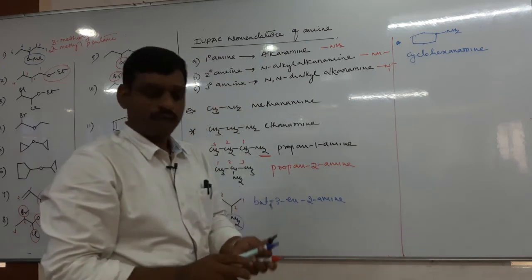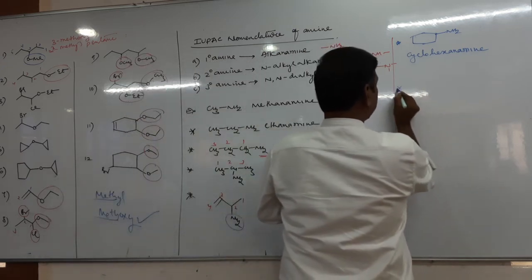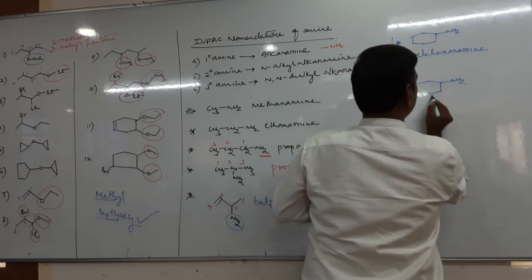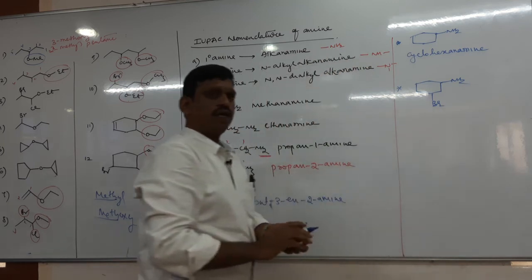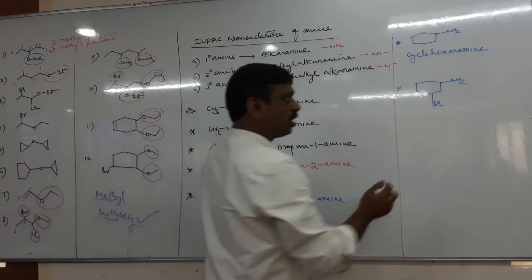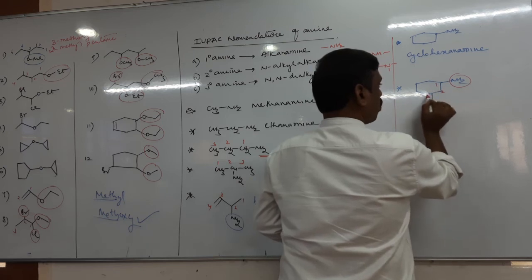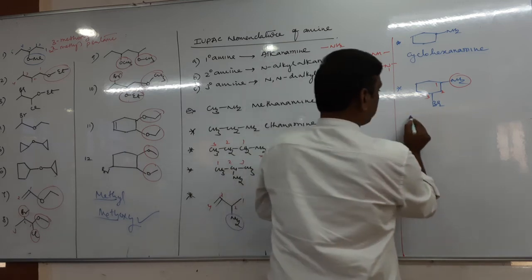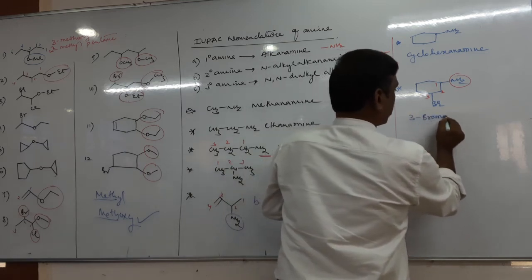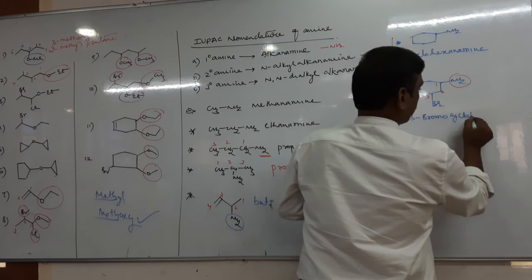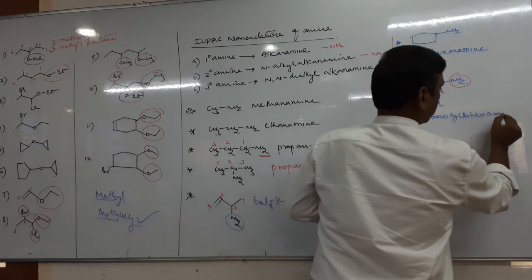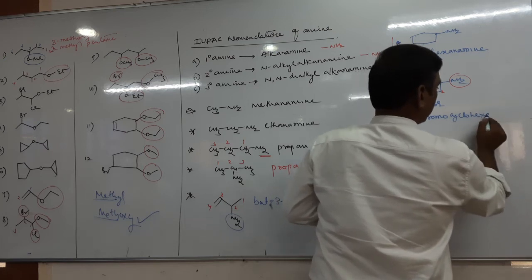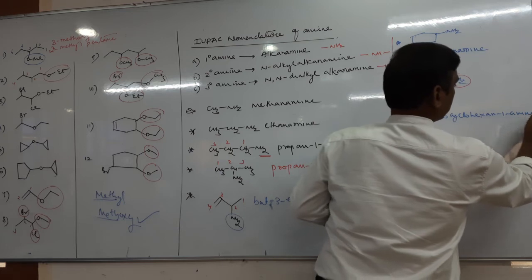Okay, if the cyclohexane ring contains other substituents like chlorine, bromine, let us take here it is bromine, the numbering should start from the amine group because amine is a functional group, bromine is a substituent. So now it becomes 3-bromocyclohexanamine or 3-bromocyclohexane-1-amine.